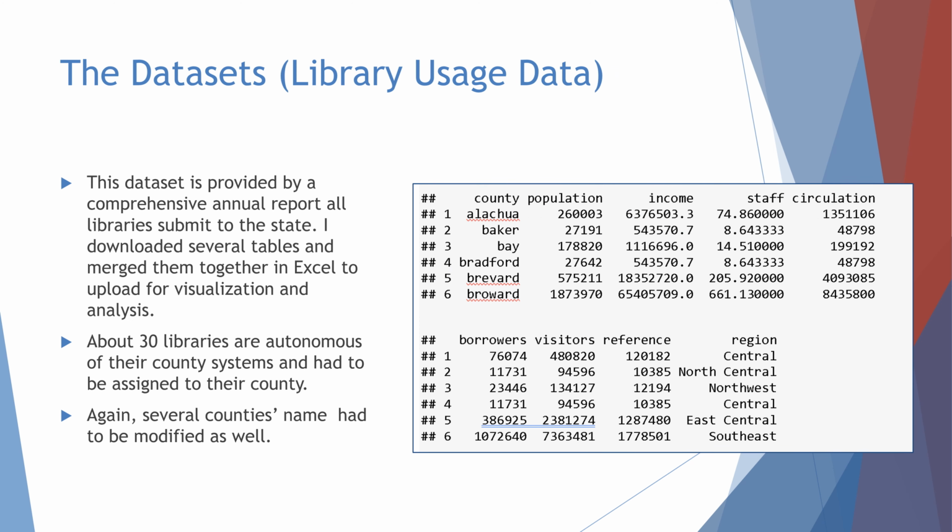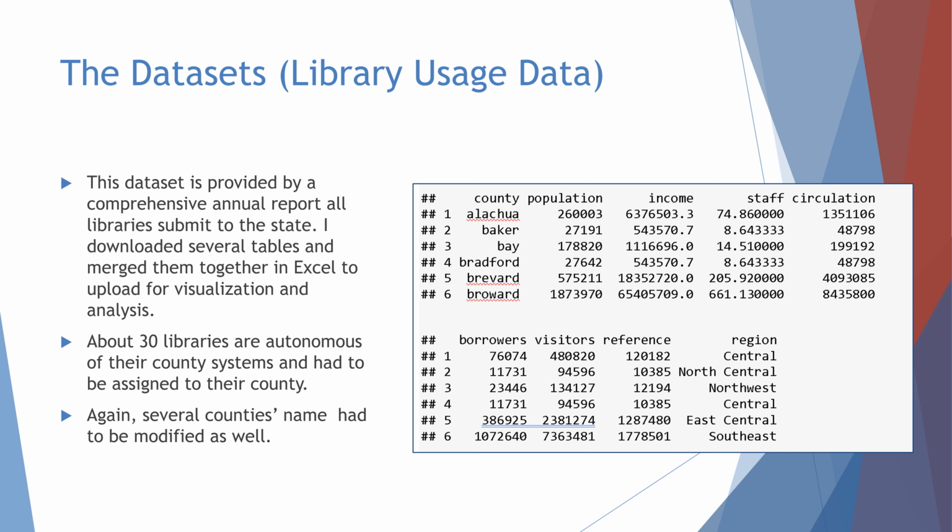This is the library usage data from the libraries in the state of Florida. This was an annual report that they do every year, and this is from 2017 to match the arrest data that we have from the law enforcement. One of the things that I did in Excel was assign libraries that are not part of a county system a county and then total it up.